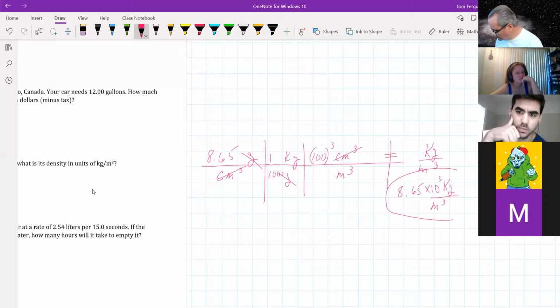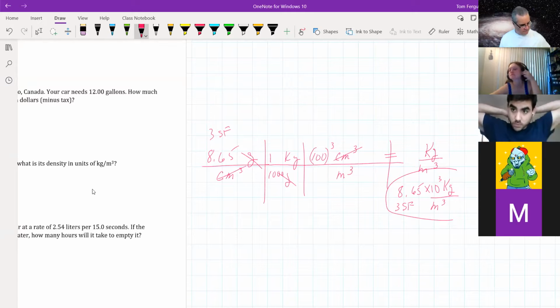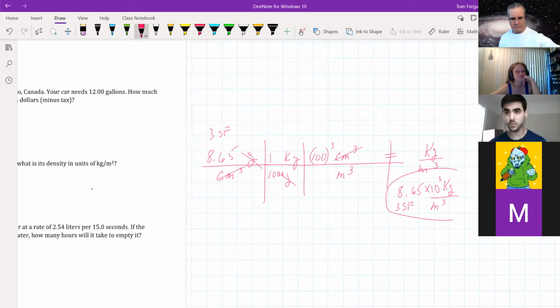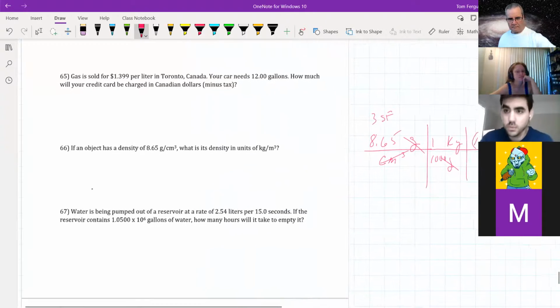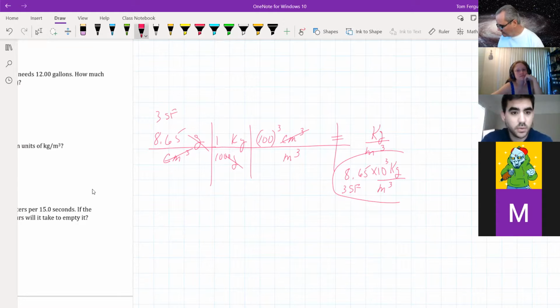And this is going to be 366. Okay, does this make sense? We're left with kilograms per cubic meter.